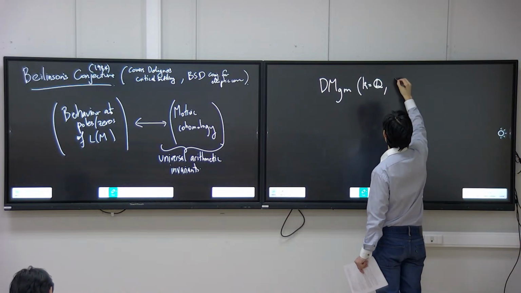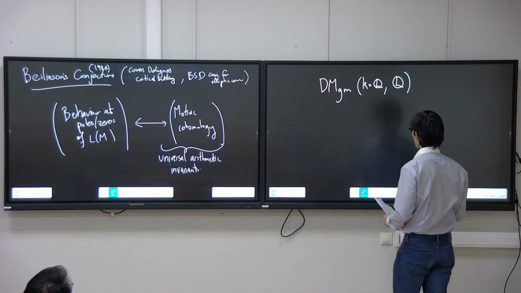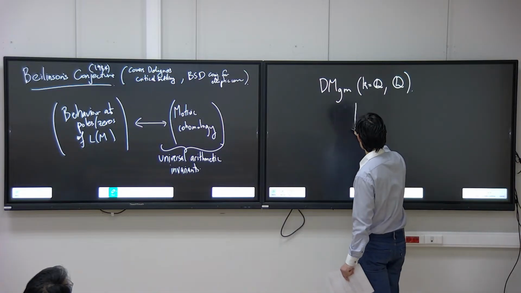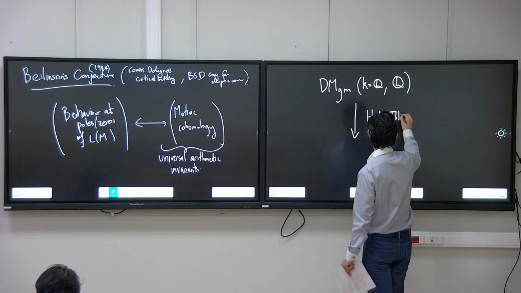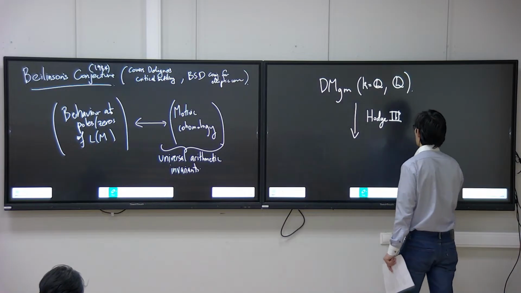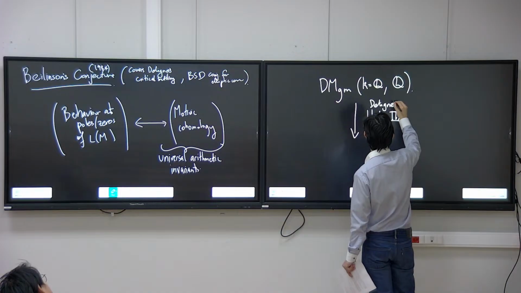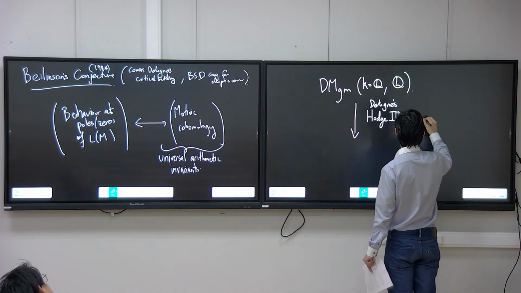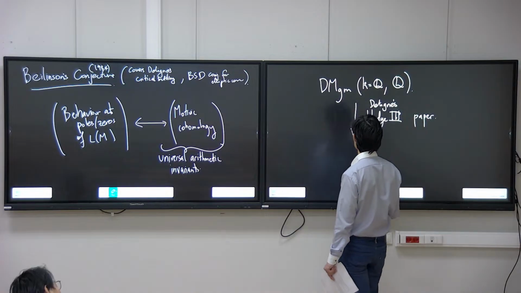And of course, my sheaves are also valued in Q. And there is a realization coming from Hodge 3 paper in mixed Hodge structures.